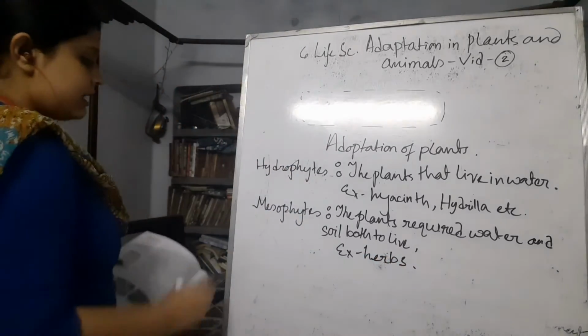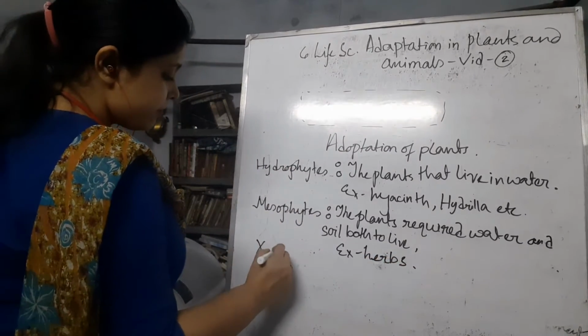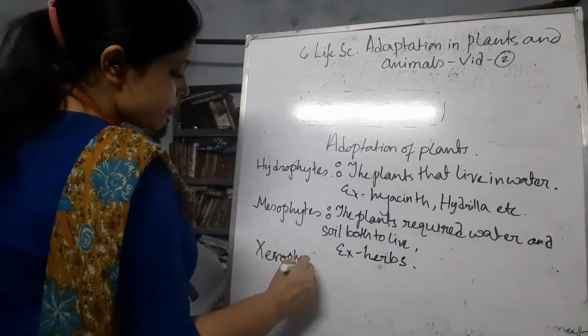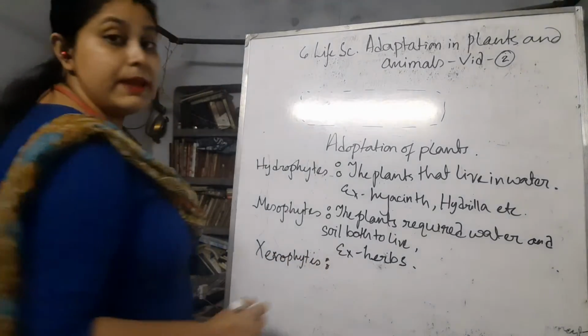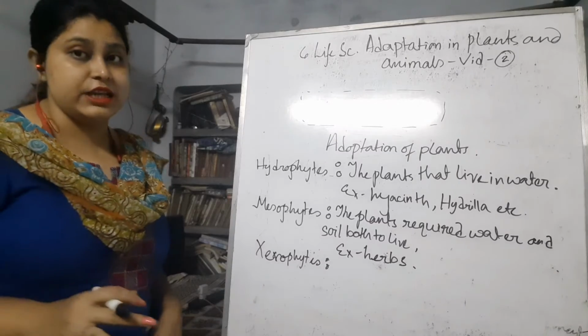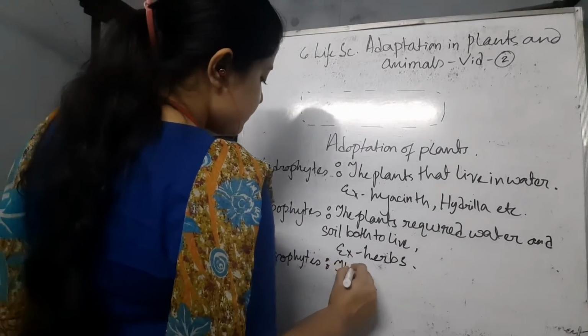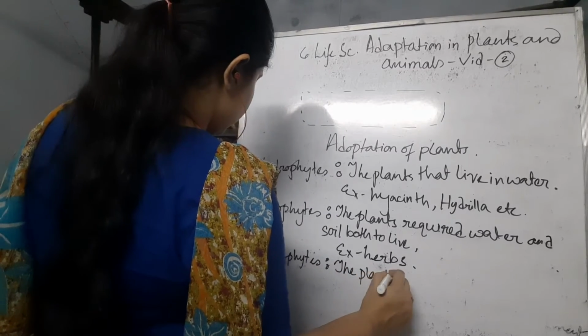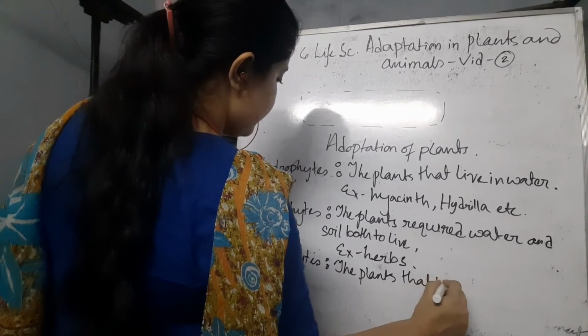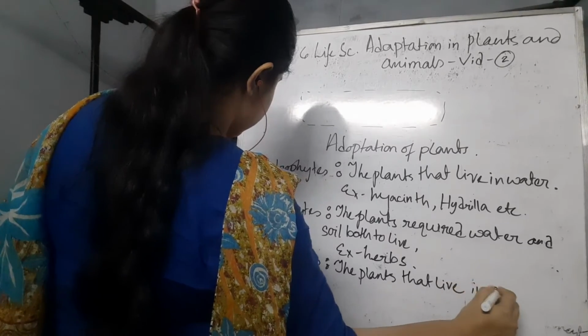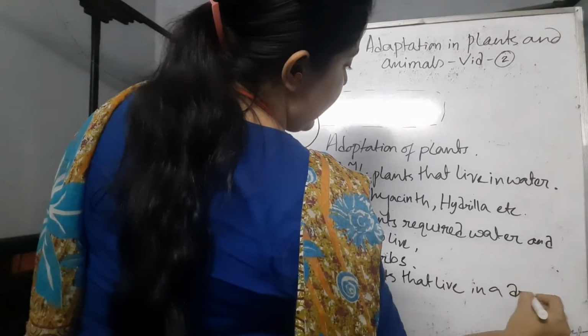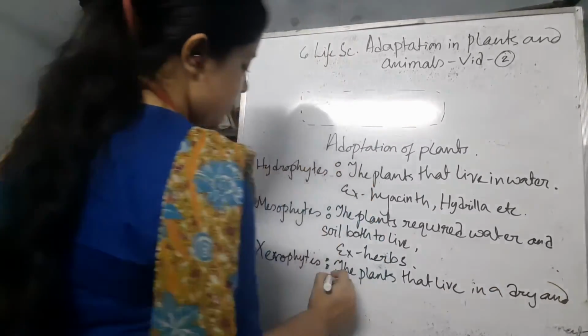And then the xerophytes. Xerophytes are the plants that live in extreme conditions, that means in the deserts. The plants that live in a dry and hot environment.